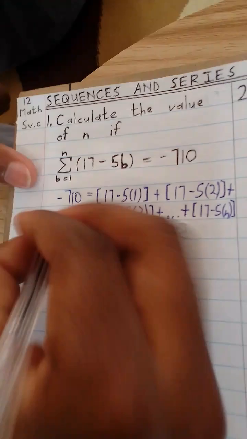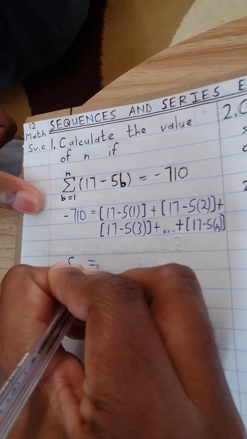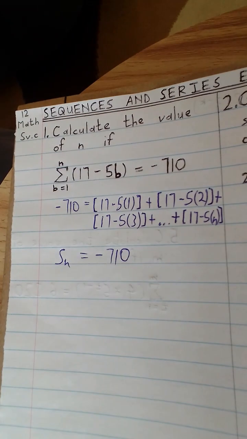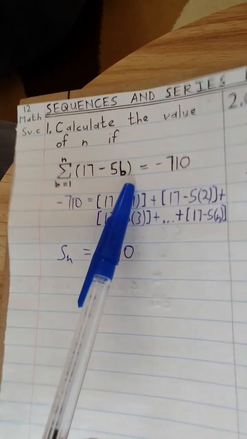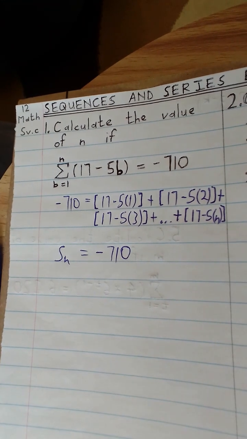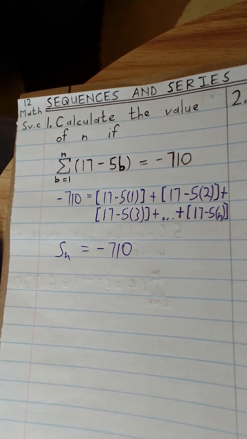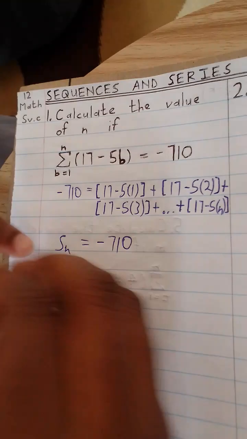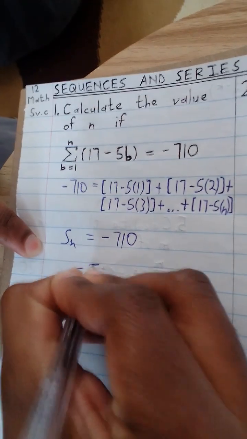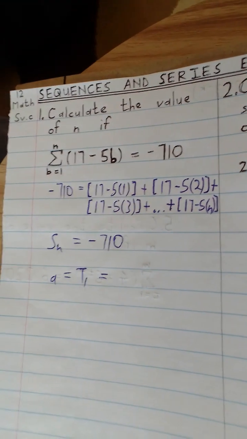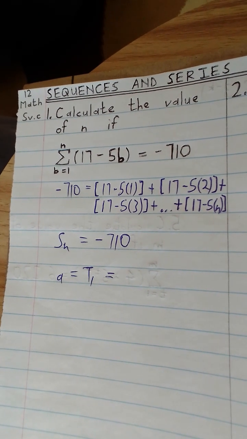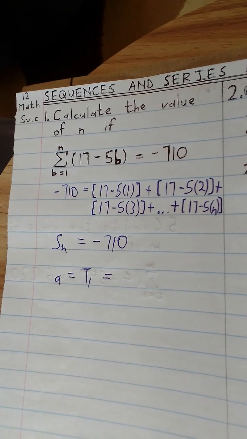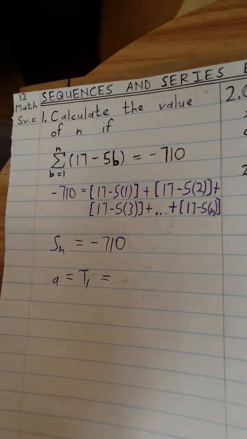So we can see from this that Sn is equal to negative 710. B is not an exponent, so it's safe to assume that this is an arithmetic series. Well, a is T1, which is 17 minus 5 times 1, which is 12.